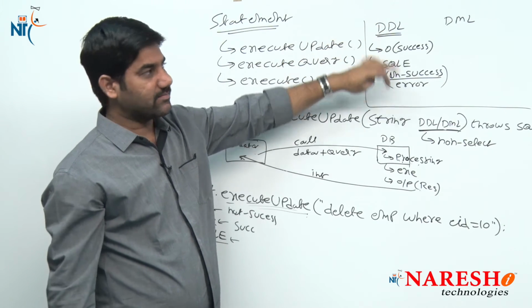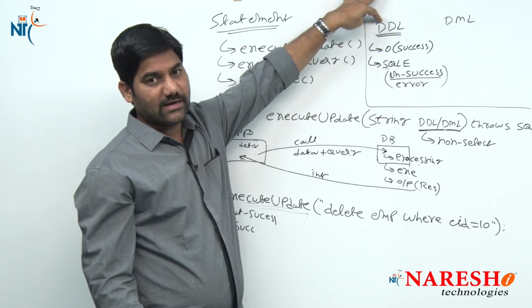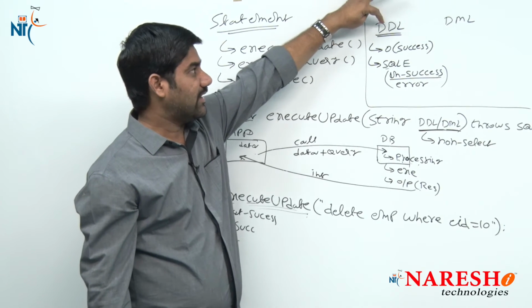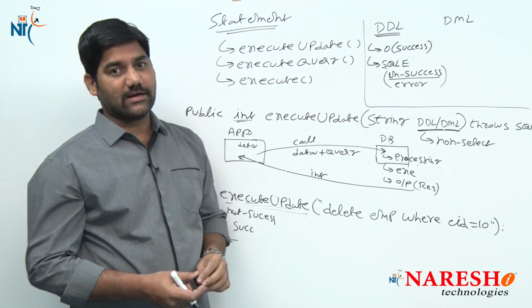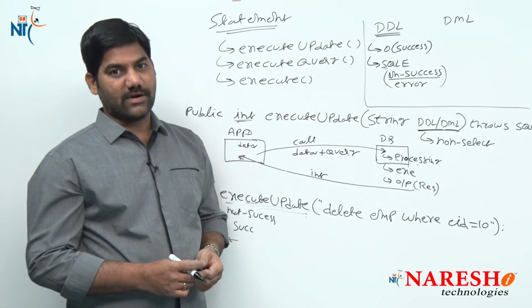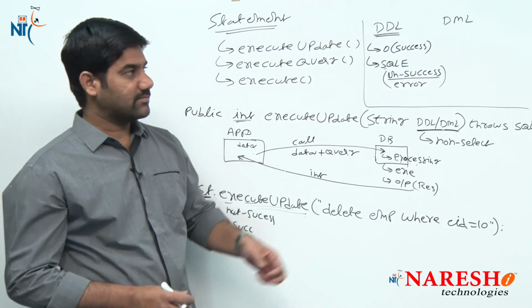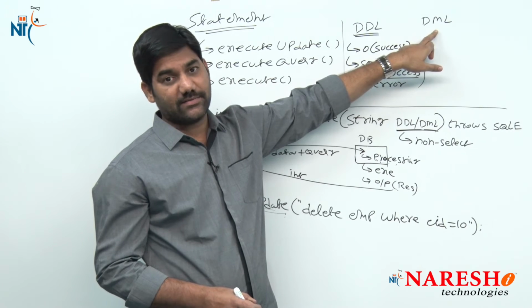A simple reason: when you execute delete commands, records are generally affected. DDL commands are object level commands, in the sense of table level commands, not data level commands. And DML commands are data level commands, not object level commands.